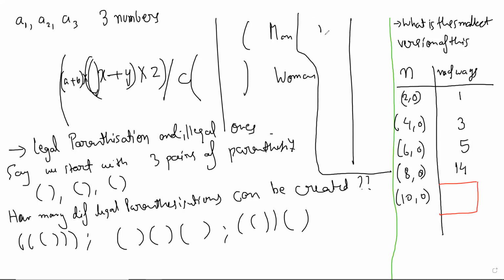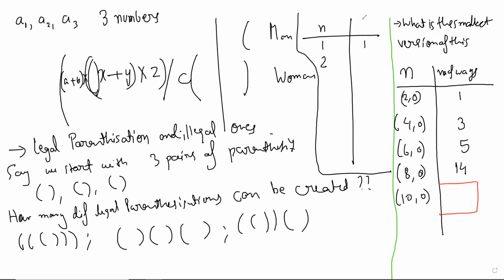See, n means the number of pairs. If you have only one pair, then there is one way, right? By n equal to 1, I obviously mean one pair, because one open bracket alone doesn't make sense. That's just one.